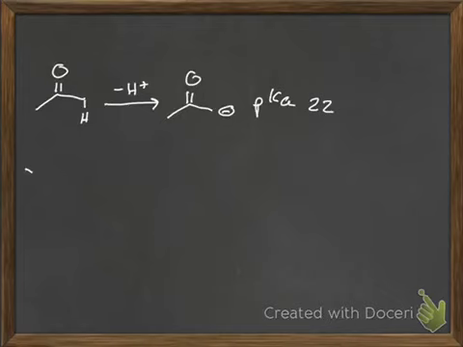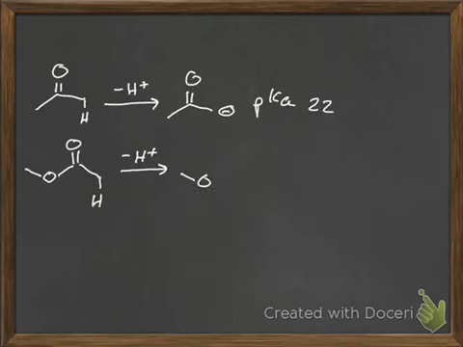Well, let's take a look at that. This ester, you lose the proton from that carbon. You're looking at this. Now, that molecule has a pKa of about 25, so slightly higher than that of the ketone.